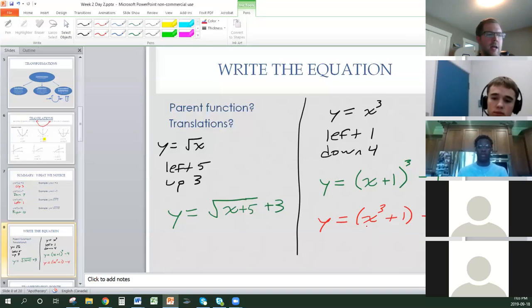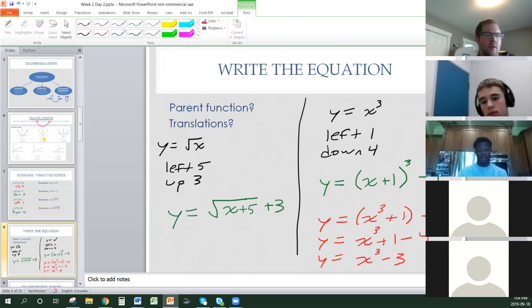This is actually saying there's no need for these brackets anymore if that's the case, because the 1 is not being affected by the cube. So in other words, this actually drastically changes the graph. Does that make sense? Yeah. That's a really good question.